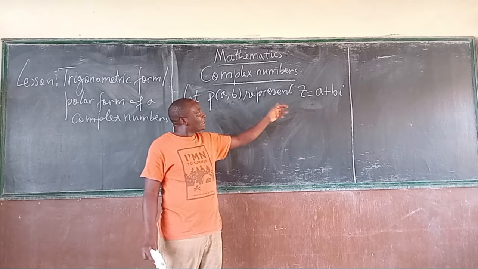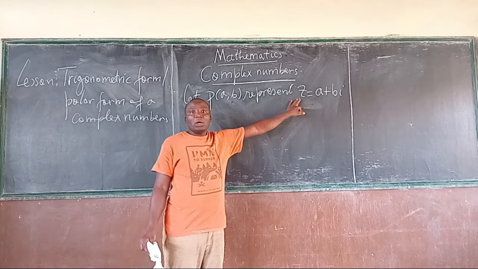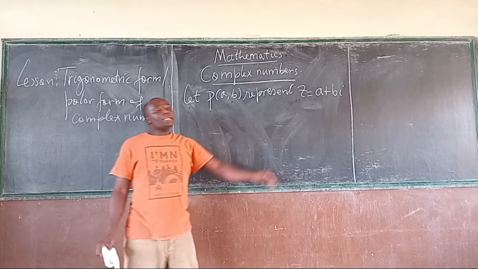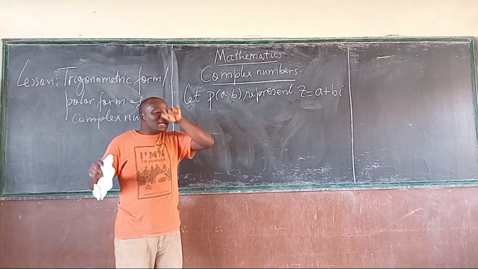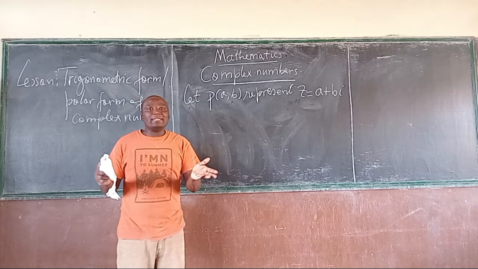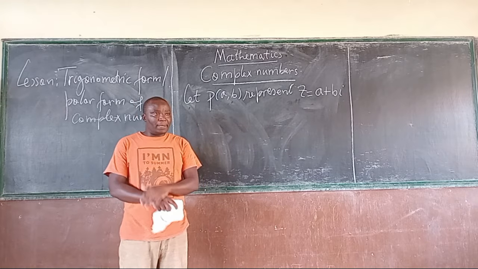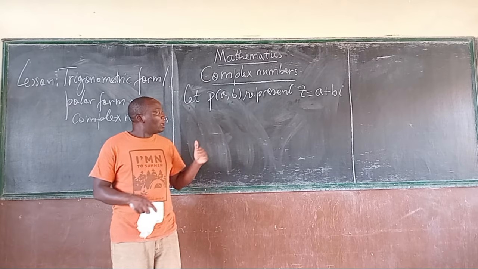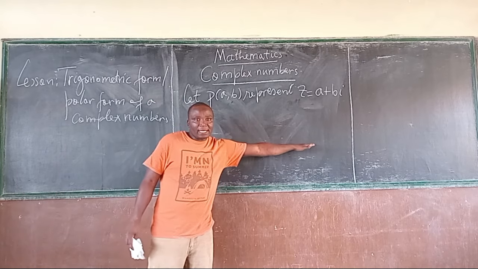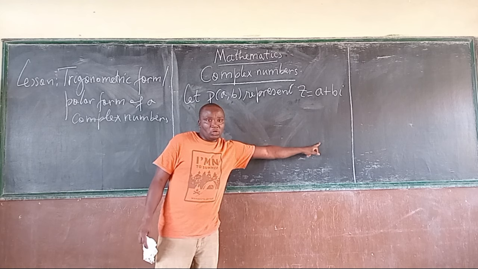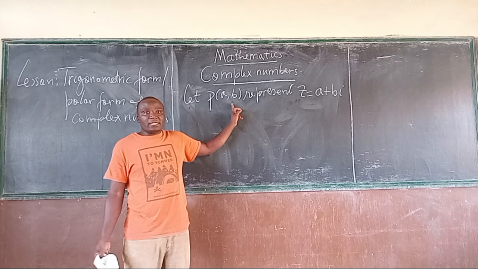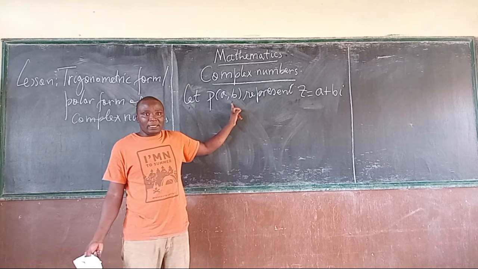Then, how to represent this complex number on an Argand diagram? Usually, as you know, an Argand diagram or Argand plane is like an XY plane, where on the x-axis you put the real part, and on the imaginary axis you put the imaginary part.